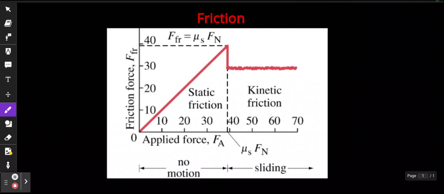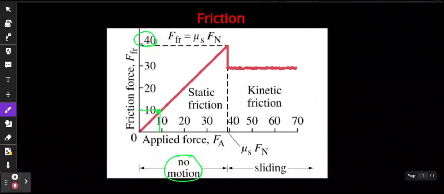And in our graph, it's represented as 40 newtons. So as you can see, before 40 newtons, whatever applied force we have is matched with the friction force such that the net force is 0, so that there is no motion.